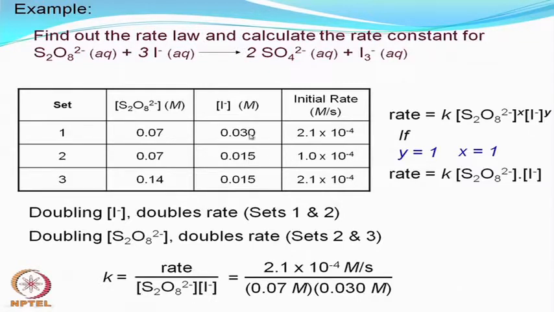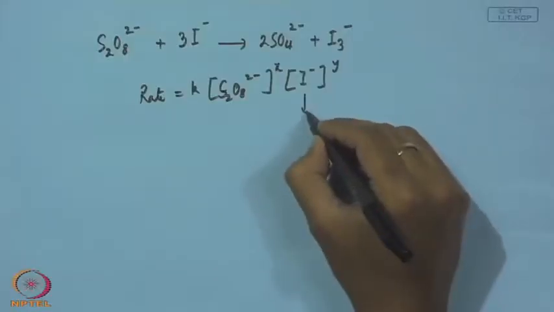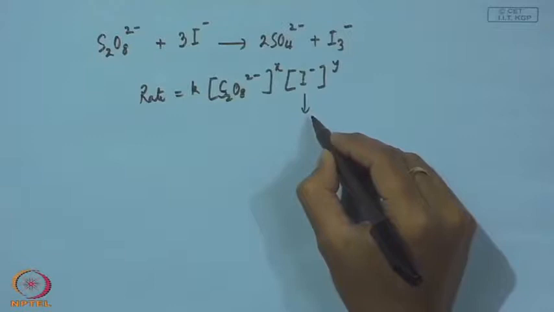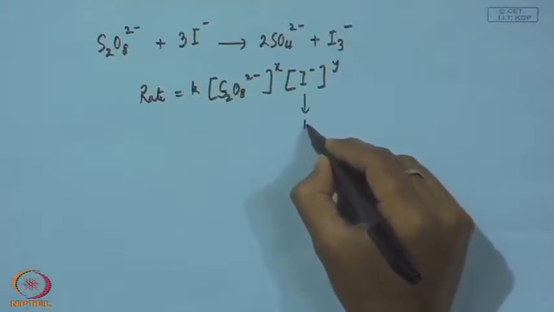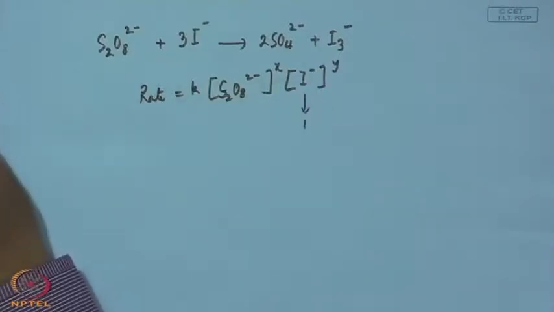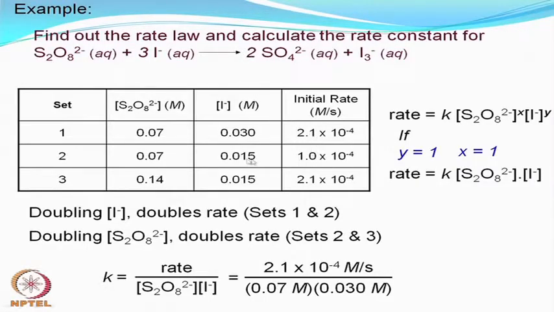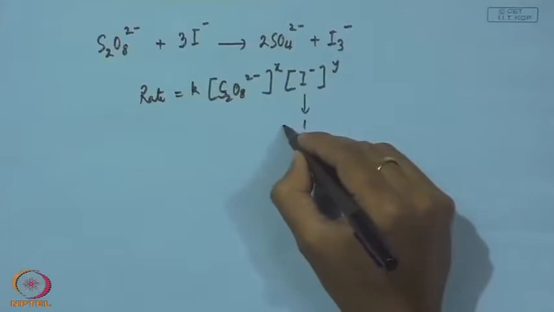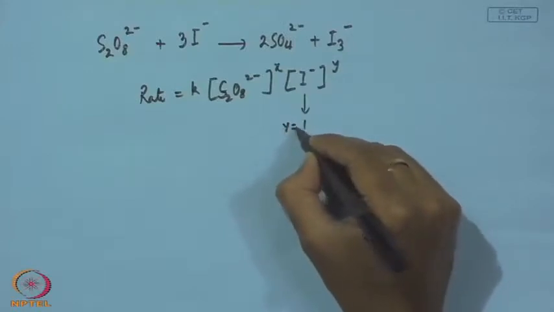You see that it is doubled, the rate is also doubled. That means we can say for sure that this power should be 1, otherwise if it were something else than 1, the rate would not have increased to the same extent. So, we are now able to find out that y is equal to 1.